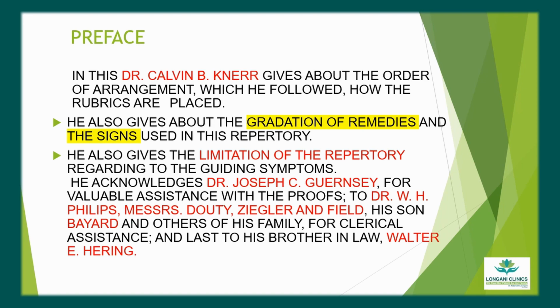He acknowledges Dr. Joseph C. Gunsey for valuable assistance with the proofs, to Dr. W. H. Philip, Messrs. Doughty, Ziegler and Field, his son Bayard and others of his family for clerical assistance, and last to his brother-in-law Walter E. Hering.